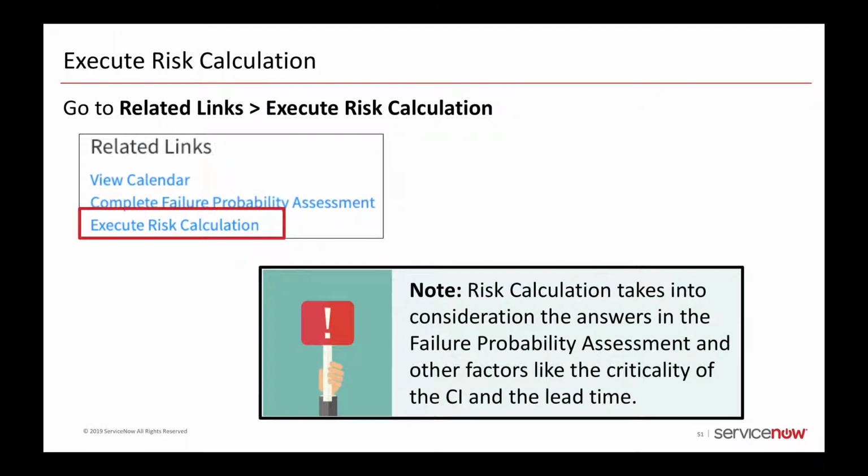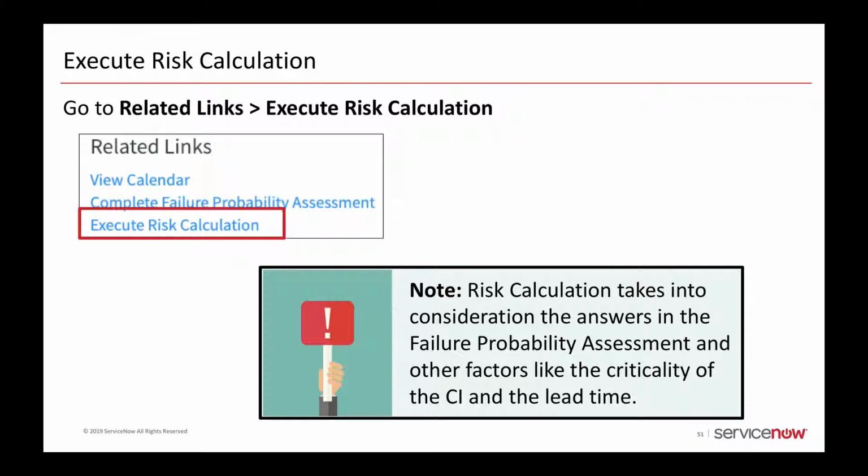Another option is to scroll down to the Related Links section of the change form and click Execute Risk Calculation to run a simple risk and failure probability calculation that incorporates the change schedule and the CI. The risk calculation is automatically applied and can update the risk, failure probability, and impact fields depending on the result.